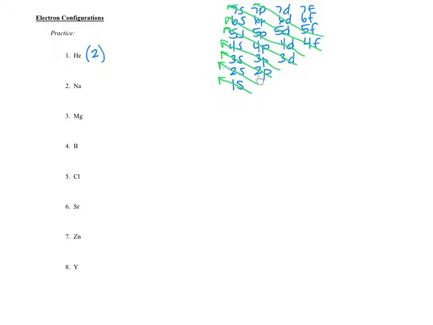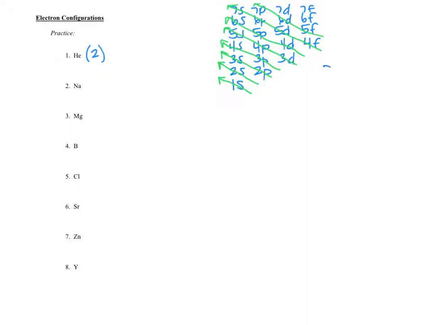After that's full, the next one is 2p. Then 3s, 3p. Now, it's not 4d, you follow the arrow. The next best level is 4s, 3d, 4p, 5p, and so on. It is not necessary to memorize this if you can draw this diagram. That gives you the fill order.